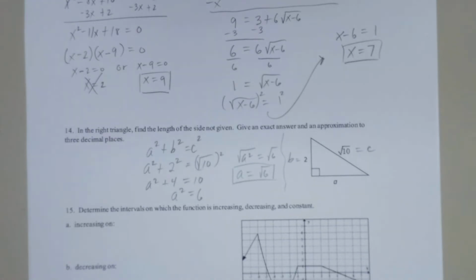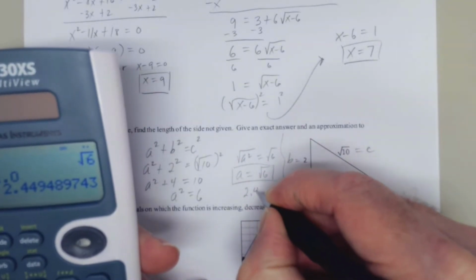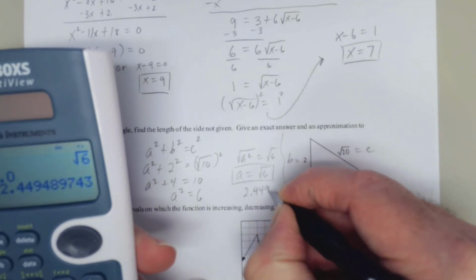Oops, I didn't do that, so let me grab a calculator real quick. Second, square root of 6 is 2.449.